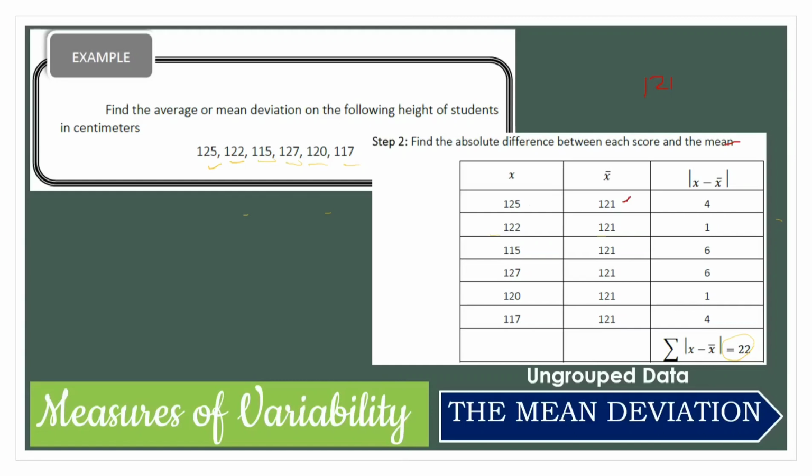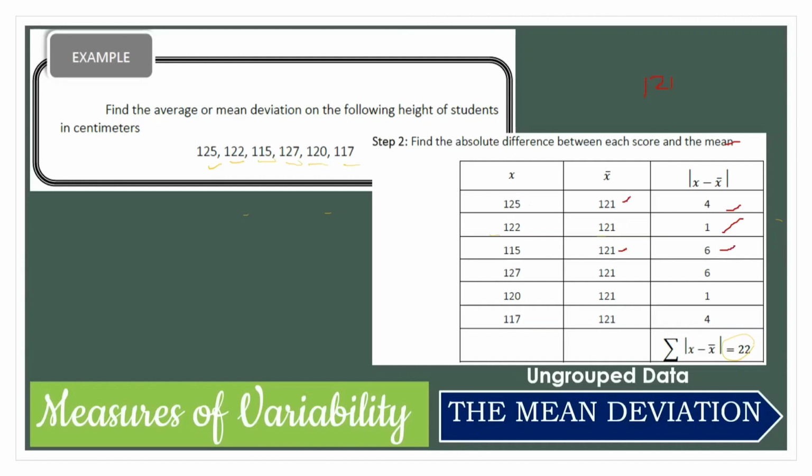For the first pair, 125 minus 121 is 4. 122 minus 121 is 1. 115 minus 121 is negative 6, but we will get its absolute value.